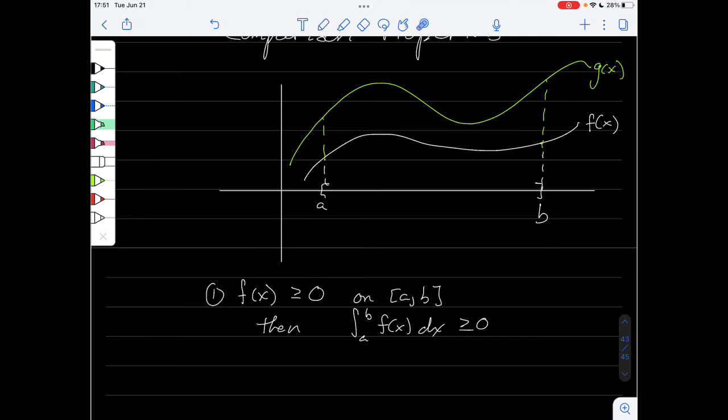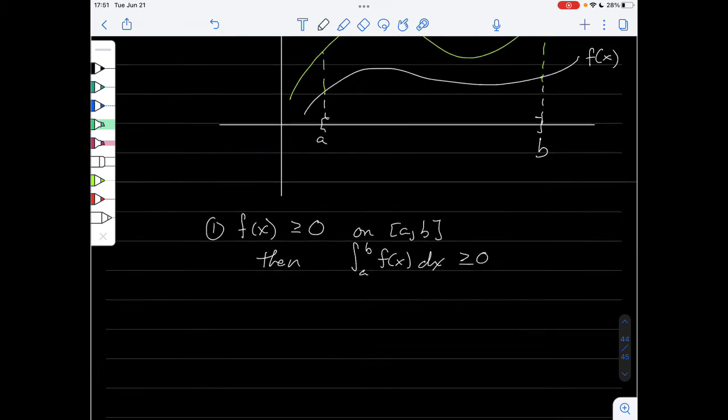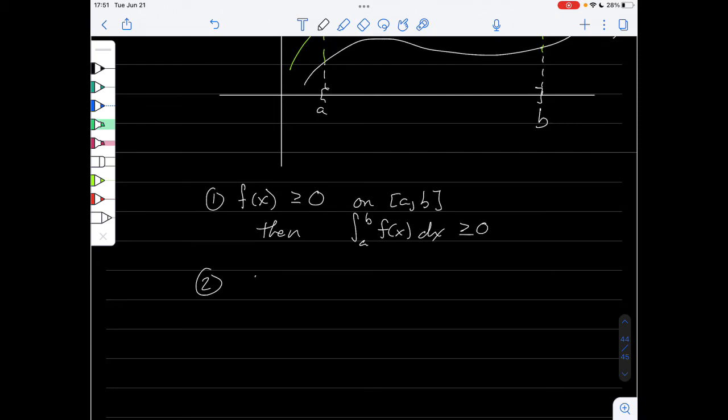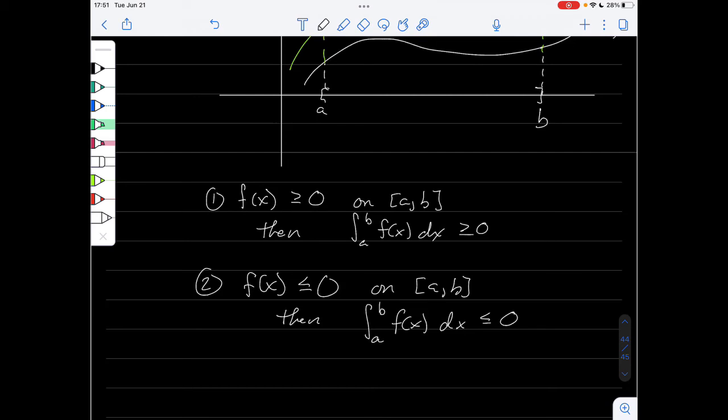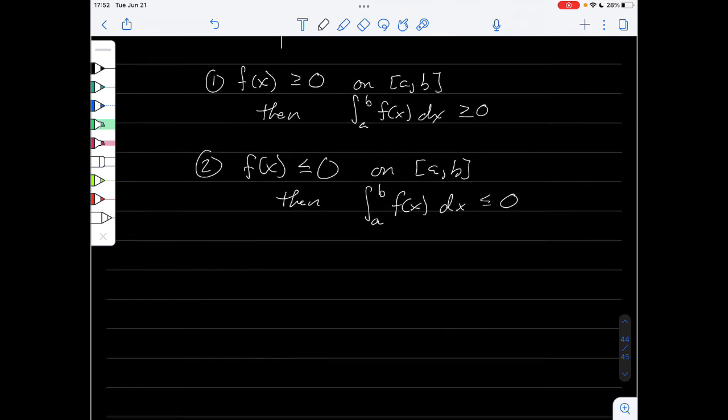It makes sense because since the whole thing is above 0, this area is never dipping below the line, so we're never going to have anything to take away. Similarly, if f of x is less than or equal to 0 on this interval, then the integral from a to b of f of x should be less than or equal to 0. Okay.